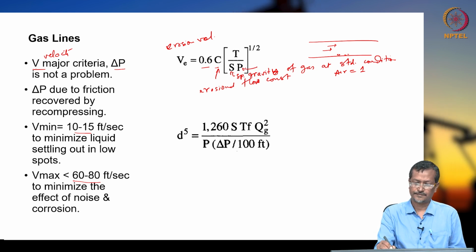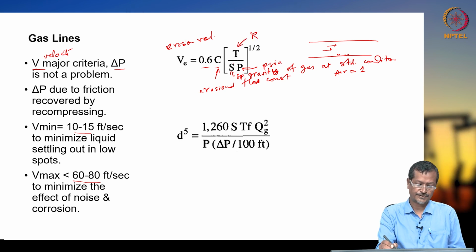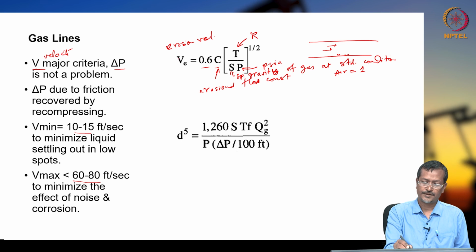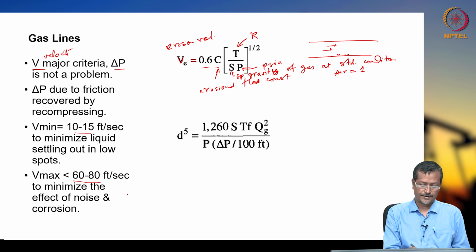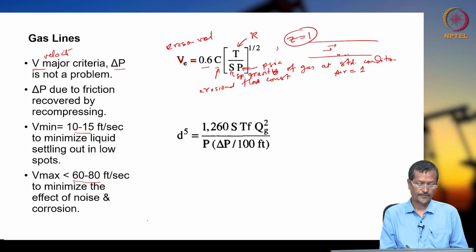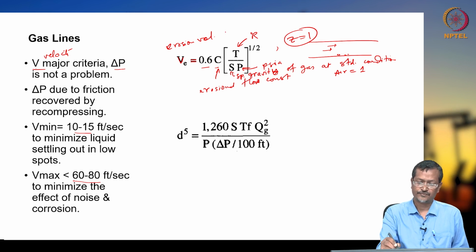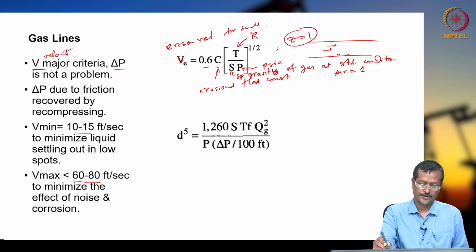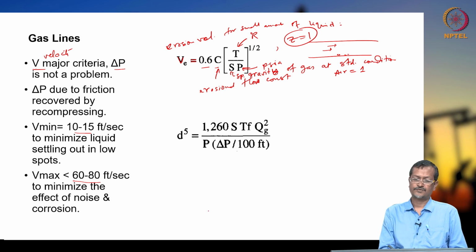P is the pressure in psi, and T is the Rankine temperature. So, VE equals 0.6 C times the square root of T by SP. Here we assume Z equals 1, compressibility is 1. The erosion velocity for a small amount of liquid in the gas can be calculated using this formula.